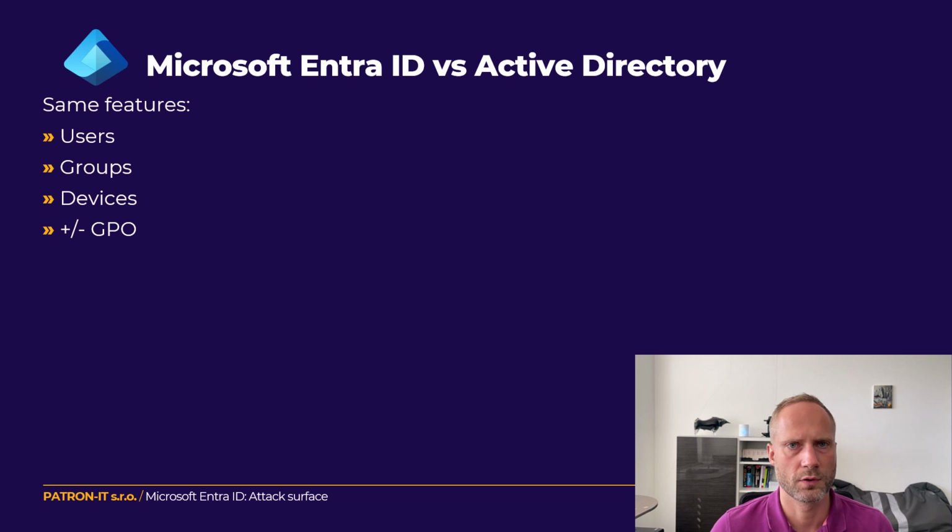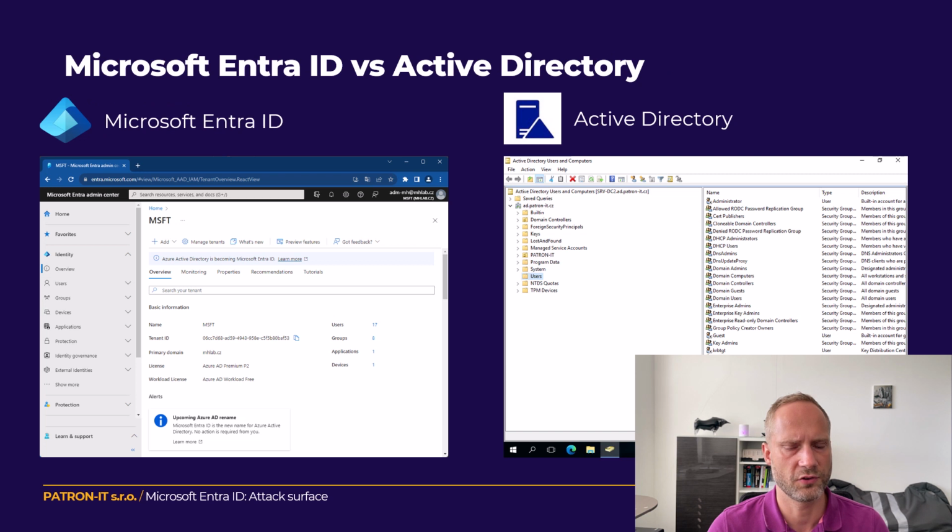So if we look at Active Directory and Entra ID, we can see that they share some common features, like there are users, groups, devices, and some kind of policies. So those are the similarities. But on the other side, they are so different. For example, if we look at the management interfaces, on-prem Active Directory, you were supposed to run your DCs.